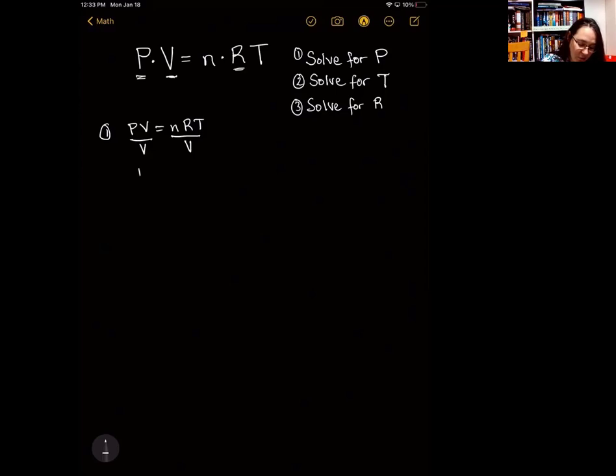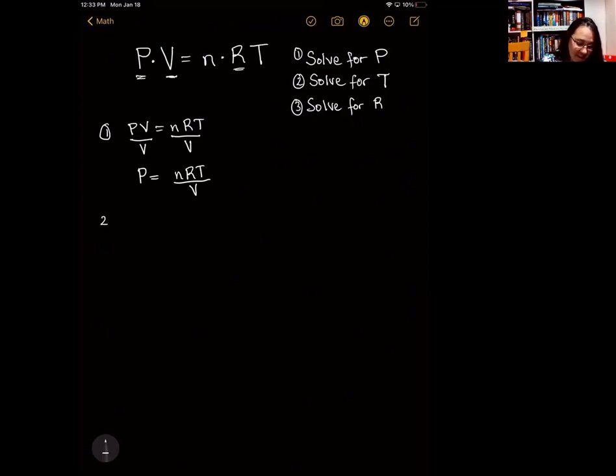And what I am left with in this case, because it wasn't a lot of steps, is that P equals nRT over V. And so one thing we see really clearly from this is that as the volume increases, the pressure will decrease. Because if you're dividing by V, the bigger V is, the bigger the denominator of something is, the smaller the overall quantity is. And we can learn that from rearranging formulas.